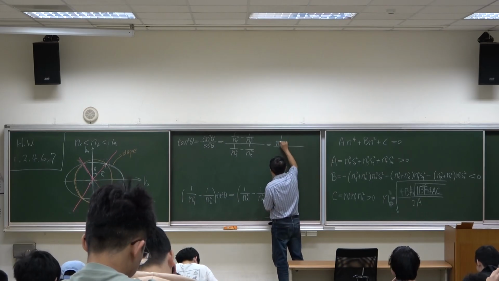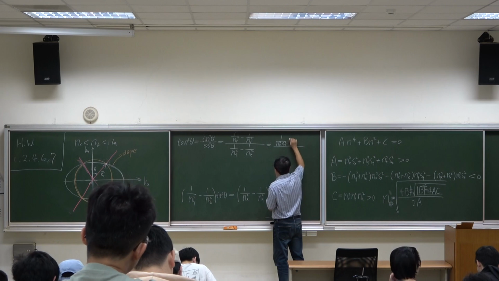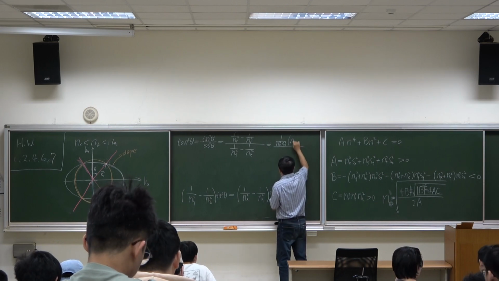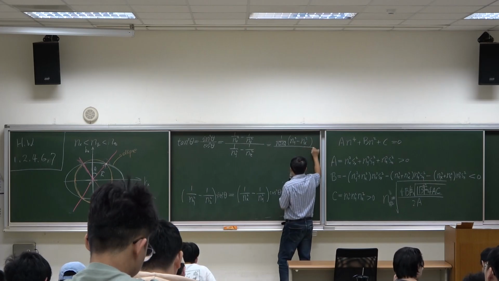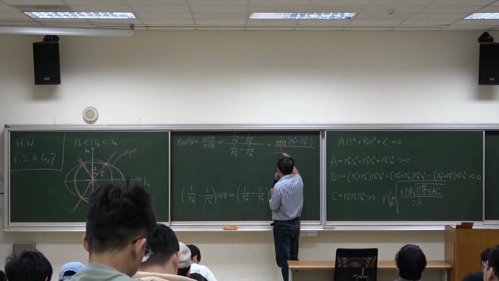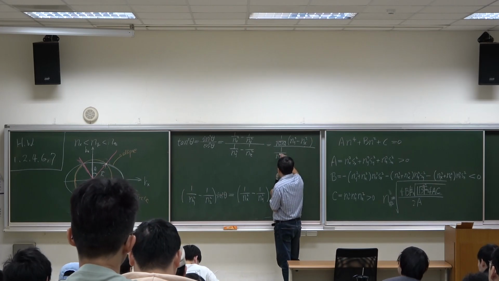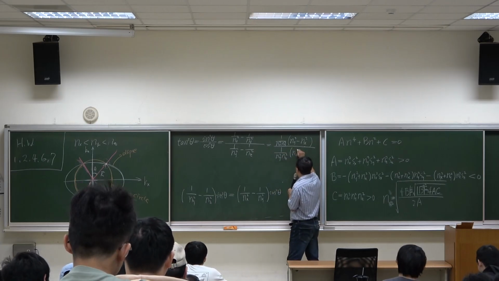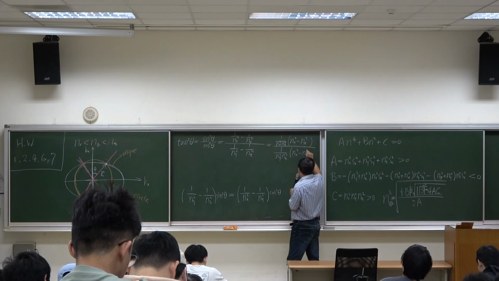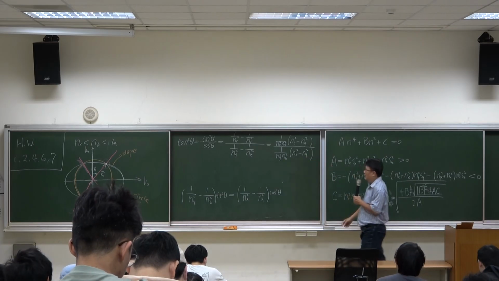And the result is 1 over nx squared ny squared times ny squared minus nx squared, over 1 over ny squared nz squared times nz squared minus ny squared. Okay.